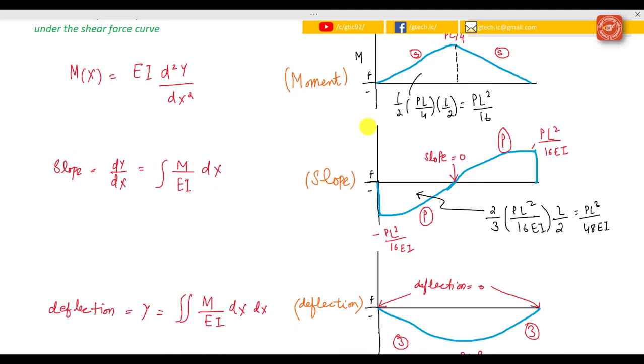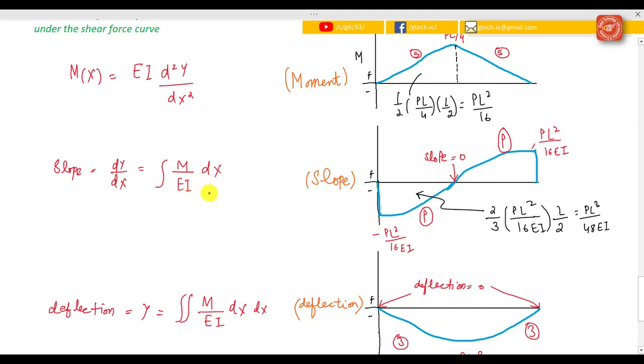So here we have an expression for d squared y over dx squared. If we integrate that, we come up with the slope, that is dy over dx, and that's shown here.